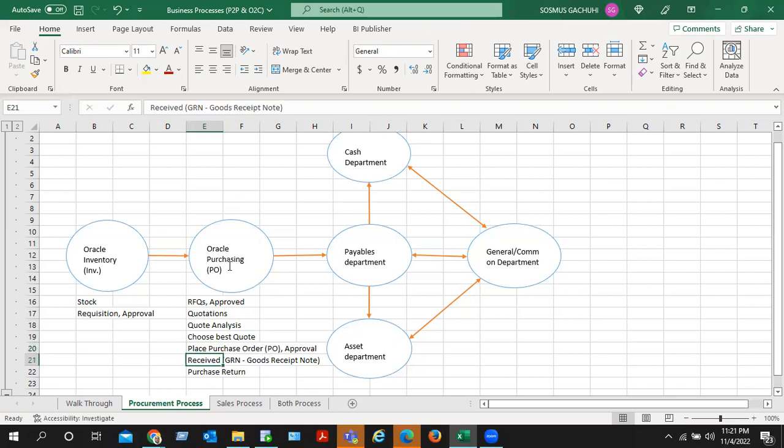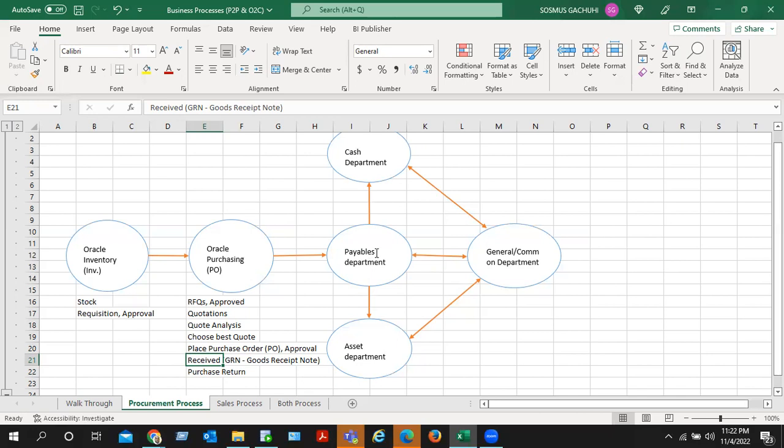So after having raised RFQs, got the quotations, done the quote analysis, settled on the best quote, placed an order, and received goods, if they need to be returned, you do a purchase return. Assuming the goods are not to be returned, the information will be shared with the next department, which is the payables department.